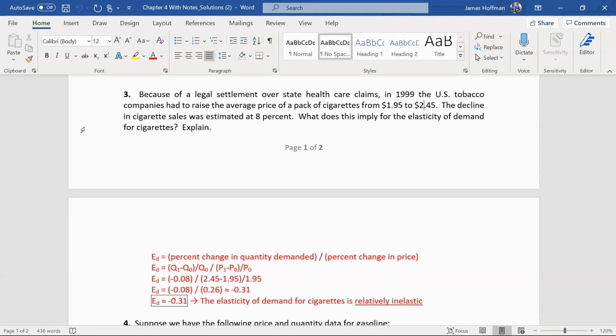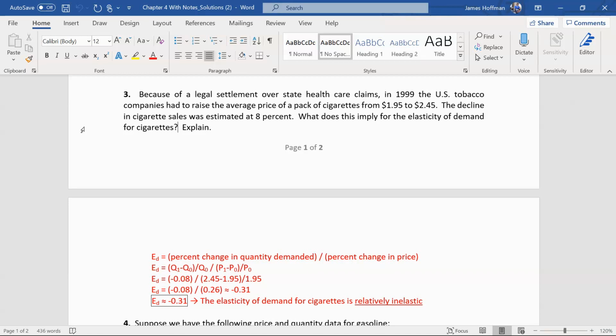I'm sure they're much more than that now. But with this stated, the decline in cigarette sales was estimated at 8%. What does that imply for the elasticity of demand per cigarette?